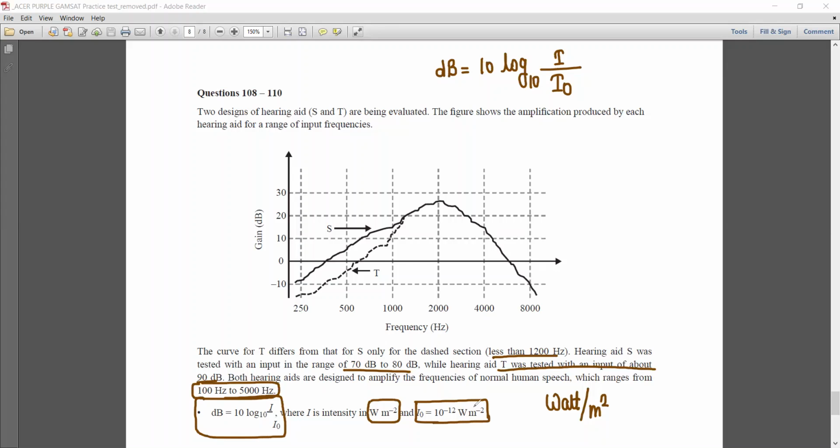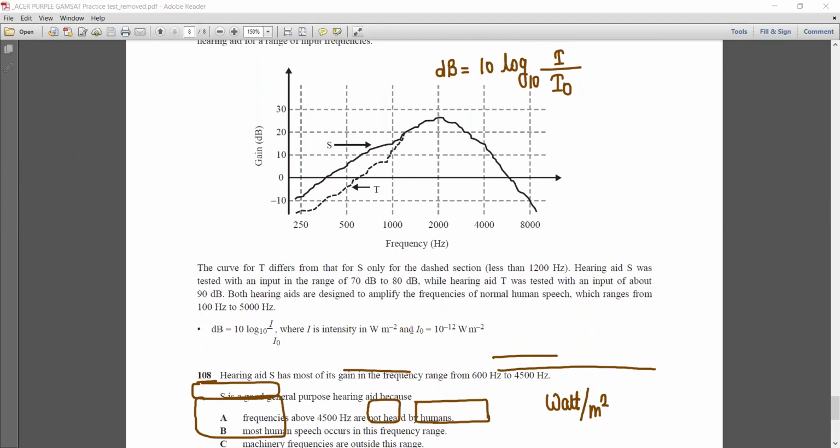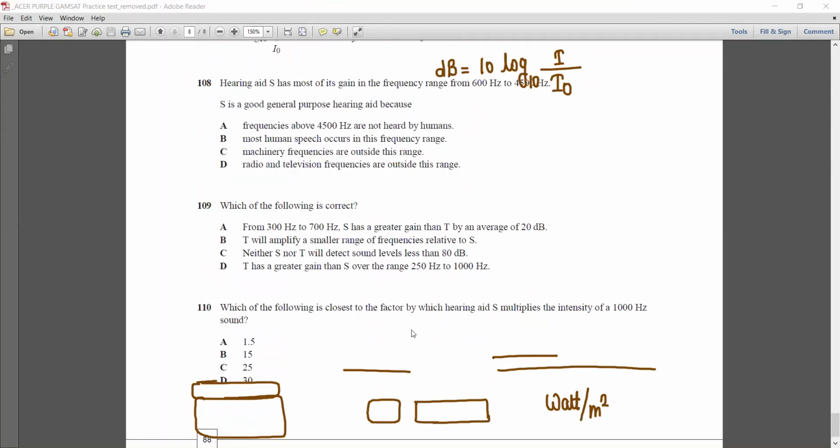On the basis of this idea, if you look at question number 110, they want to know the closest factor by which hearing add S multiplies the intensity of 1000 hertz sound.